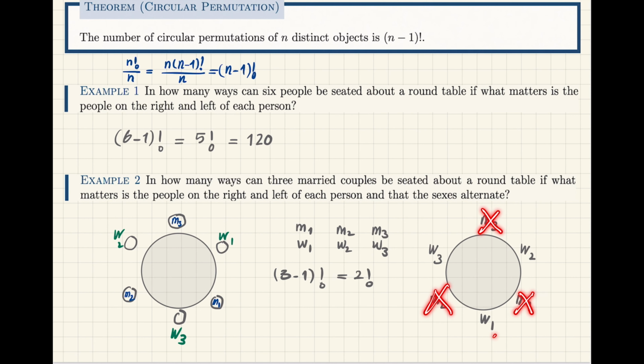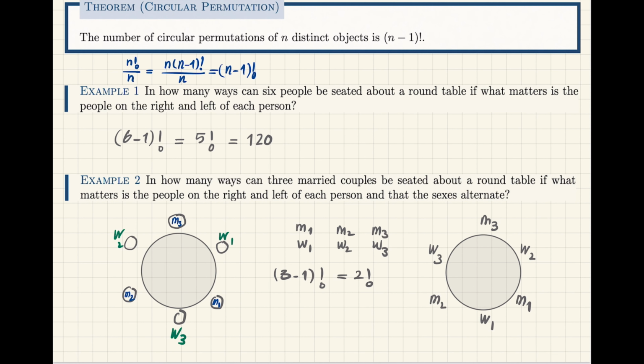Are the women distributed circularly here? The answer is yes. I have rotated them in this direction: W1 is now here, W3 is here, W2 is here. So this is coming from the previous one by circular rotation of the position of the women.